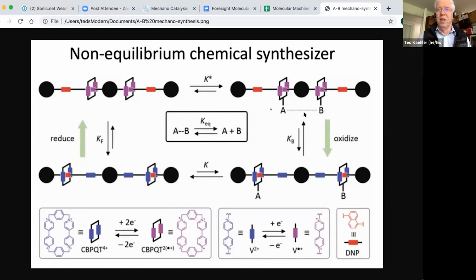Then you could go this way and get rid of the bonded pair, and then go around and around, powering this thing, and you're basically forcing a chemical reaction to happen.